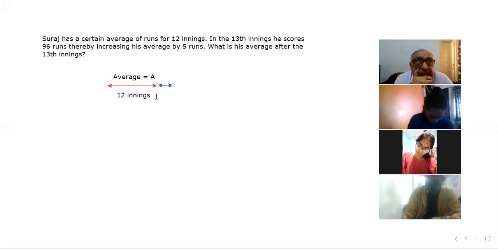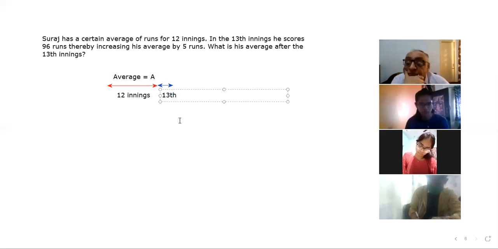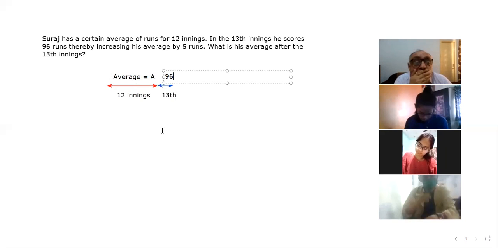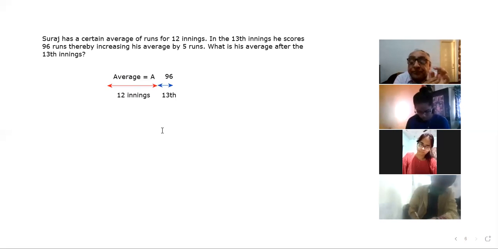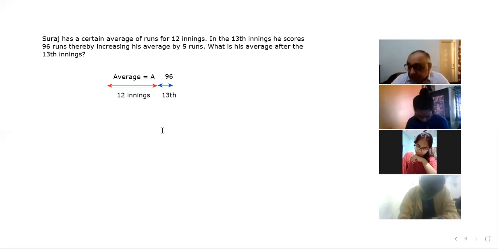Now, this is his 13th innings. In 13th innings, he scored 96 runs. And due to that, his average increases by 5 runs.